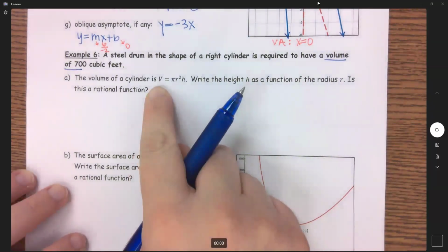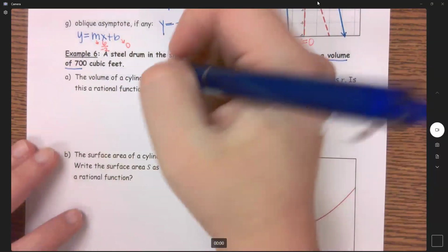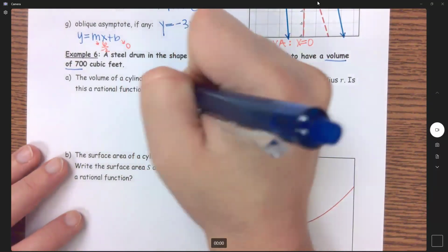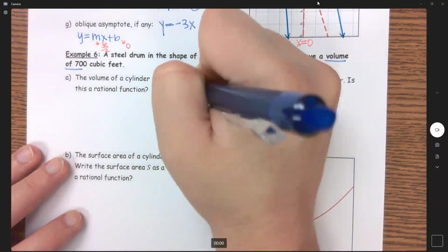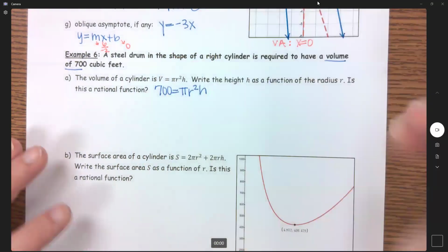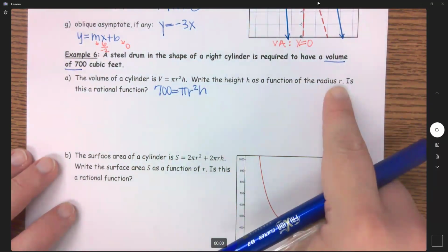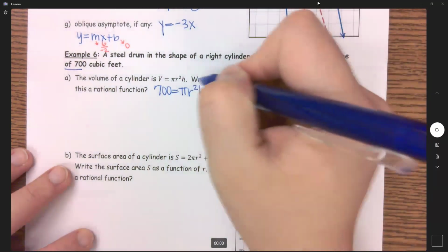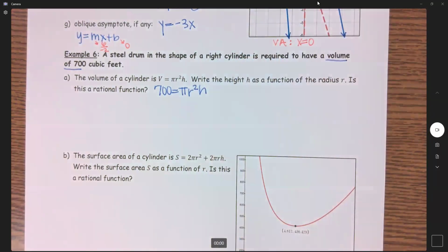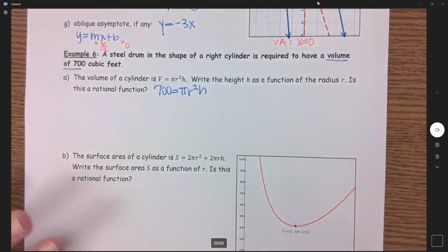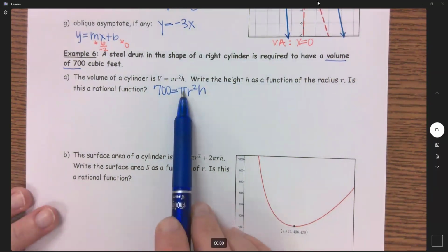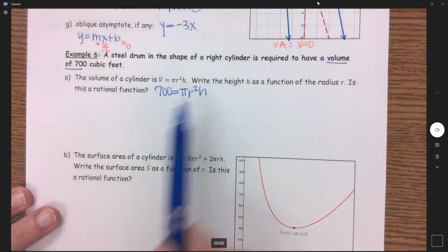So I'm going to take my function here. I know I have a volume of 700. And now I need to write the height as a function of r. So we need to solve this for h, right? The height h as a function of r. So what's going on between pi, r squared, and h? Those are all being multiplied.